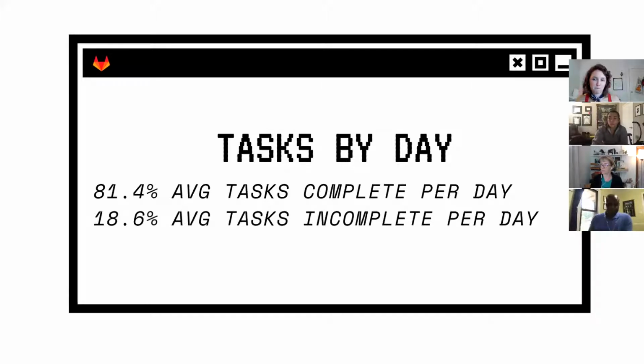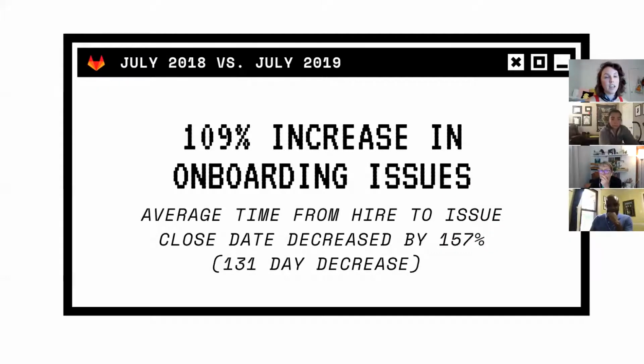So is that a good thing, Eugenia? Are those numbers saying it's good or needs improvement, or what's your take on that? I think it's hard to say. I think that primarily it's good, but I do know that in the midst of me breaking out this metric, we did mass close a bunch of issues that had been open for over, I think, 60 days.